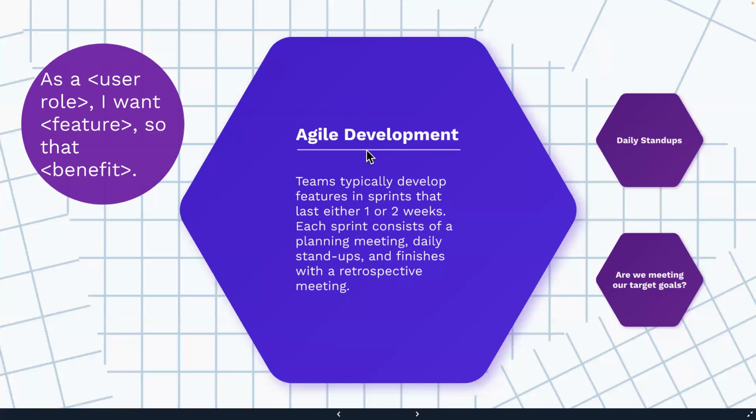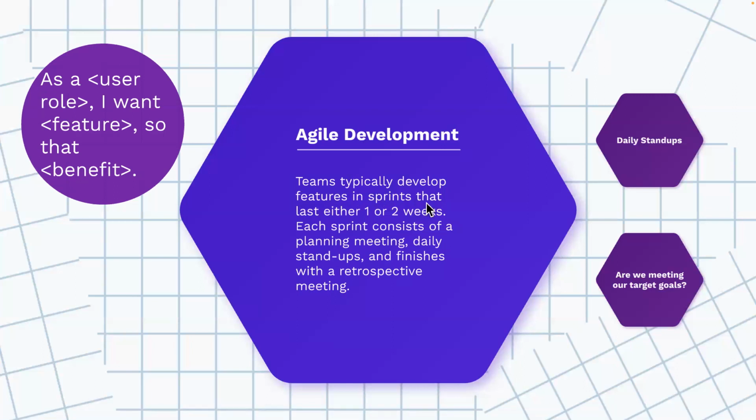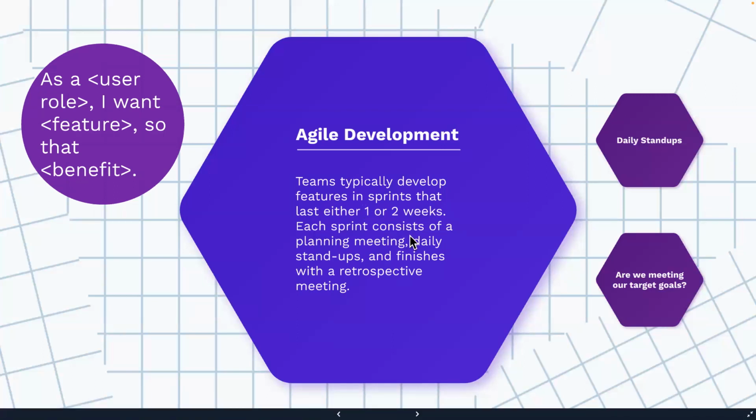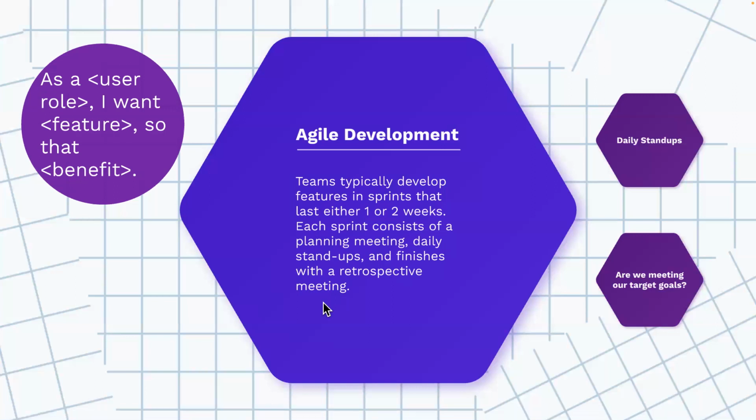Okay. Now, in agile development, teams typically develop features in sprints. That is a cycle of work. Sprints last either 1 to 2 weeks. Each sprint consists of a planning meeting, daily stand-ups, and finishing with a retrospective meeting. So we talk about what we've just talked about, and then how we should move forward.